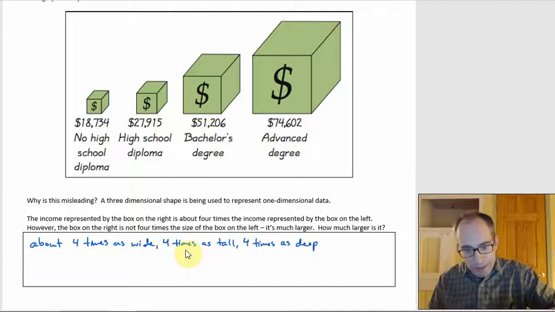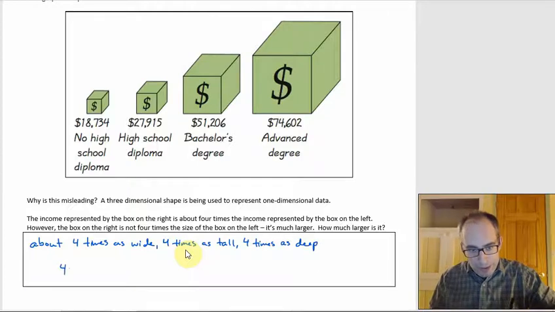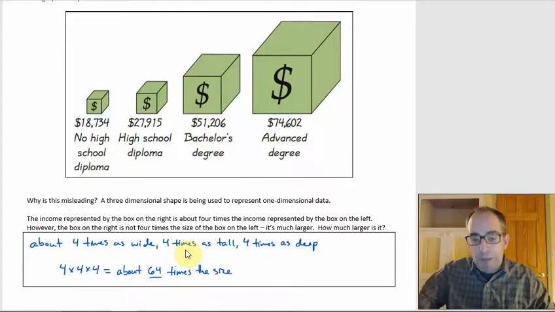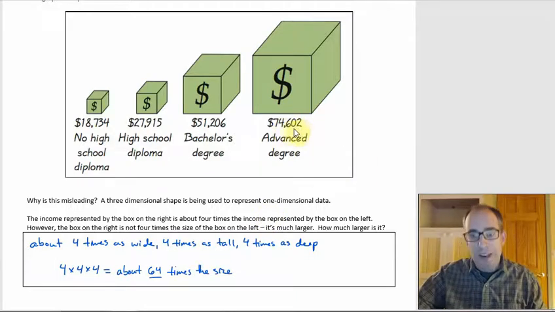And so what does that mean? 4 times 4 times 4, which is going to be about 64 times the size. And that's a problem because this number, the 74,602, it's not 64 times this, it's 4 times that.